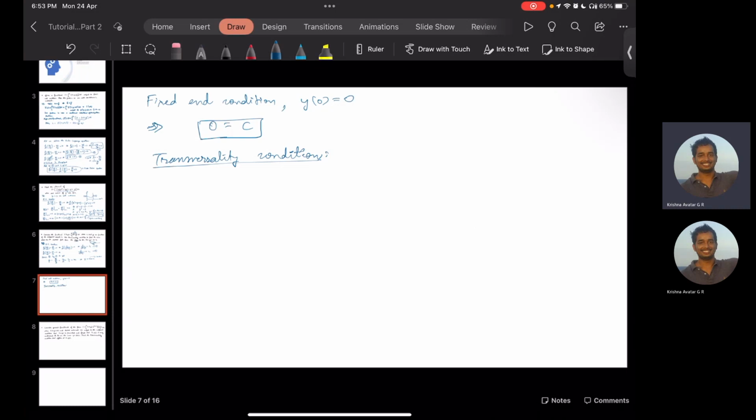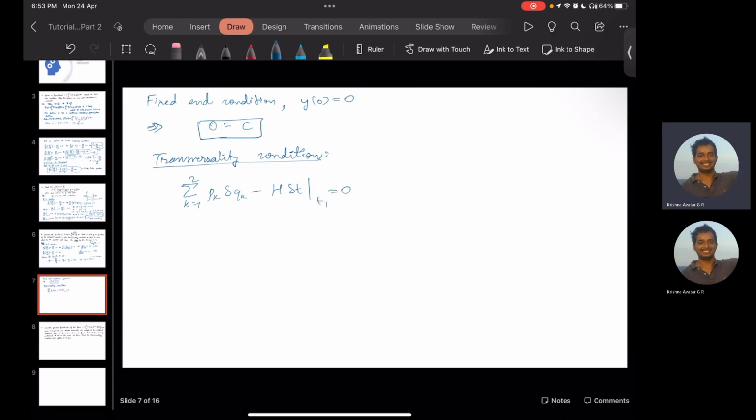So the transversality condition says that, let's have two quantities first. P is equal to del f by del y dot, say in this case. So the transversality condition says that the summation over k equal to 1 to 2 of pk del qk minus h del t at t1 is equal to 0.